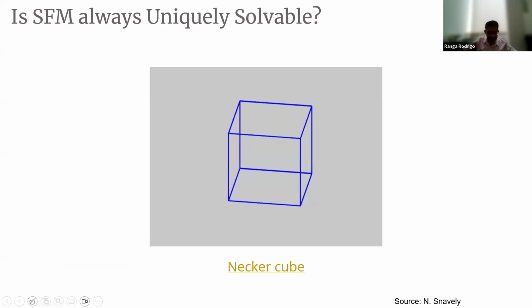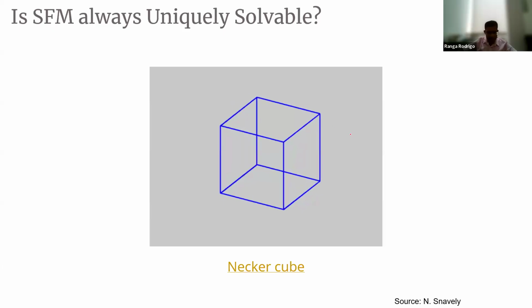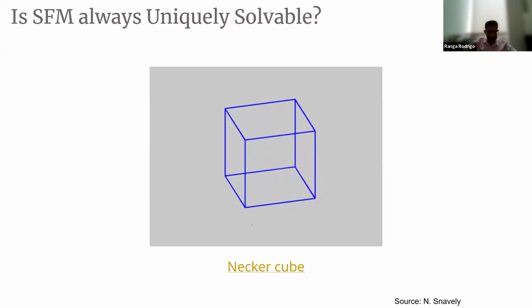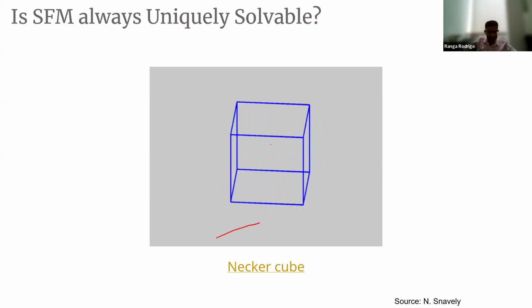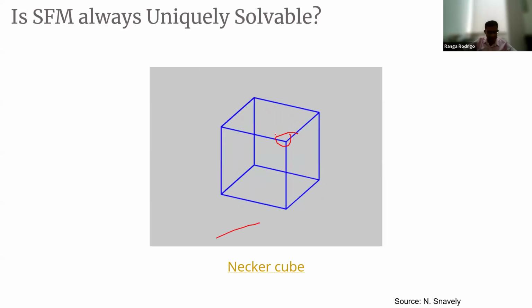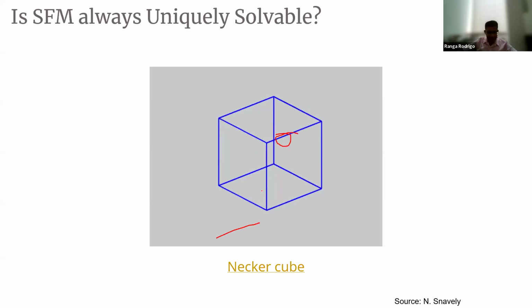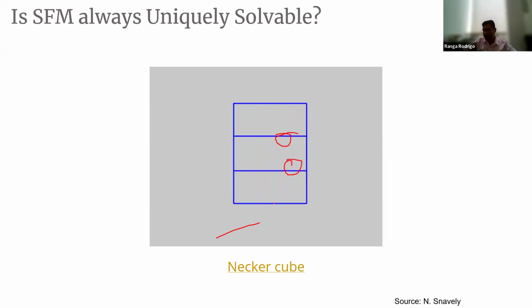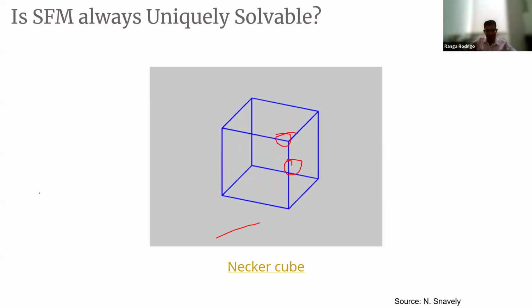Again, if you consider that this point is close to you, it is rotating clockwise. If you consider that this point is close to you, it is rotating counterclockwise. So I hope that is clear to you.